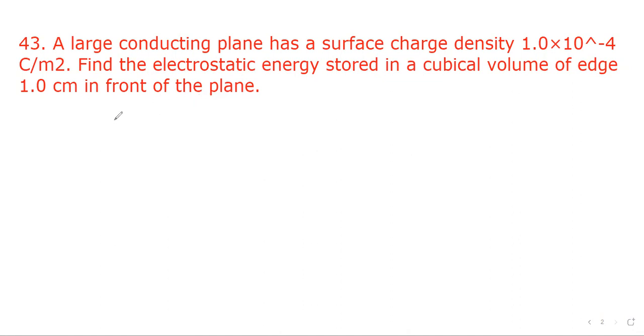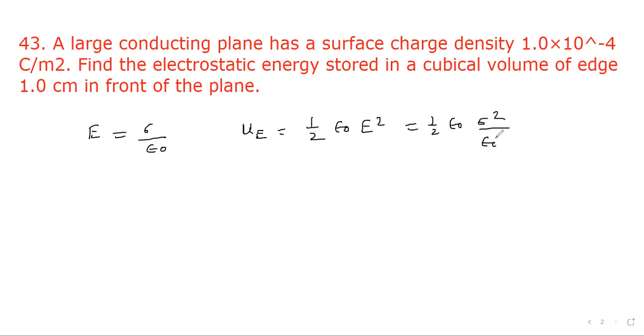So we know that the electric field due to a large conducting plane or non-conducting plate is given by E equal to sigma upon epsilon naught, and energy density UE is given by 1 by 2 epsilon naught E square, that is 1 by 2 epsilon naught, sigma square divided by epsilon naught square.